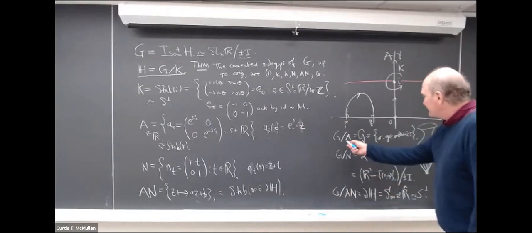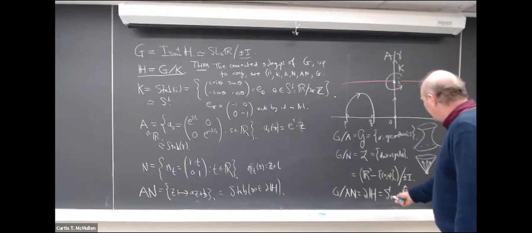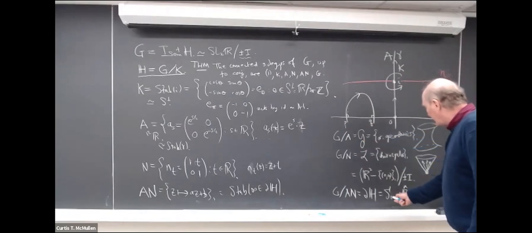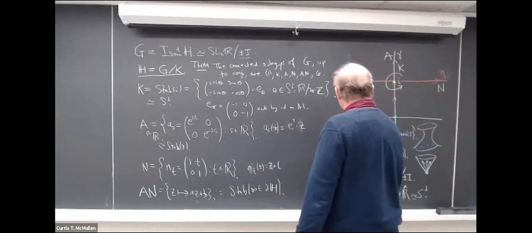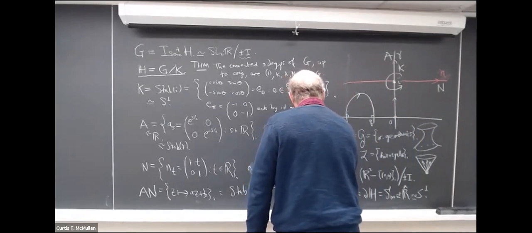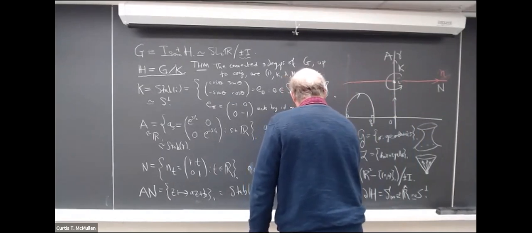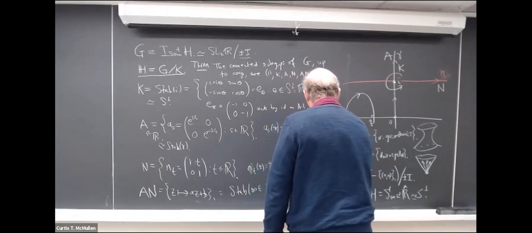So this space, G mod A, can also be identified with the space of ordered pairs of distinct points on the circle at infinity. So this is also naturally the same as S1 infinity cross S1 infinity, but with the diagonal removed. I'll just call that delta.